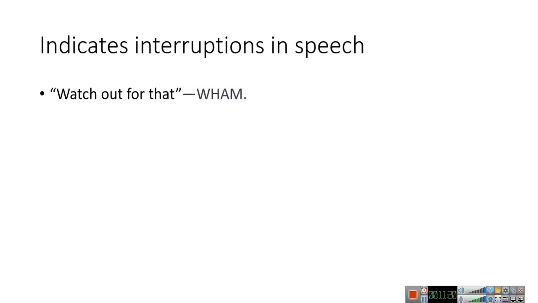There's a final use of the dash, and it's to indicate interruptions in speech. So when people are talking, this is very common when you read a novel and there's a dialogue, you will see a dash when people are talking. So this is an example. Watch out for that. Dash wham. Wham is just an interjection of a sound that something very quickly happened.